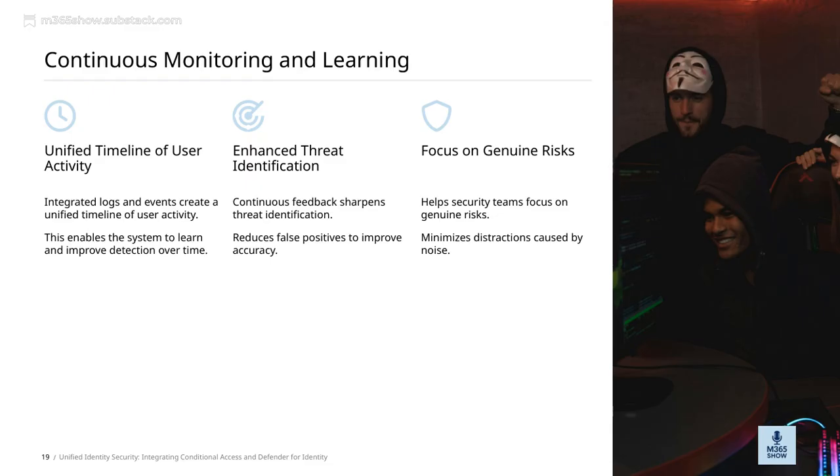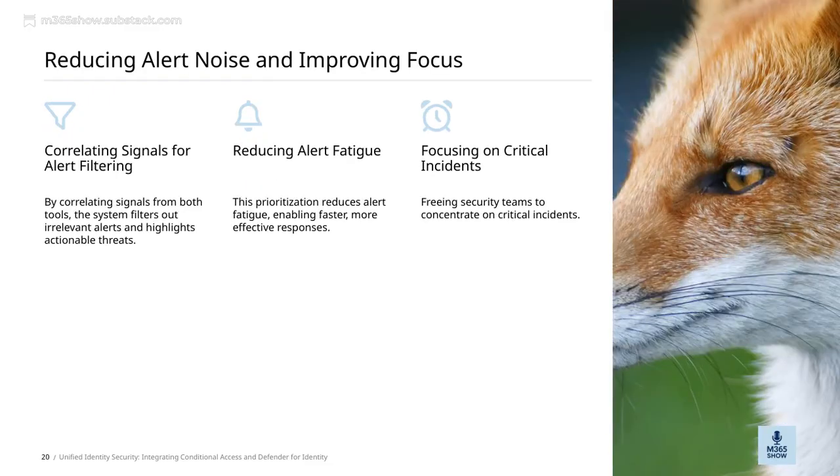Now, let's look at how we can free our security teams to focus on what really matters: critical incidents. By prioritizing alerts effectively, we can cut down on alert fatigue, which often overwhelms teams and slows down response times. When alerts are less noisy, teams can react faster and more effectively to genuine threats.